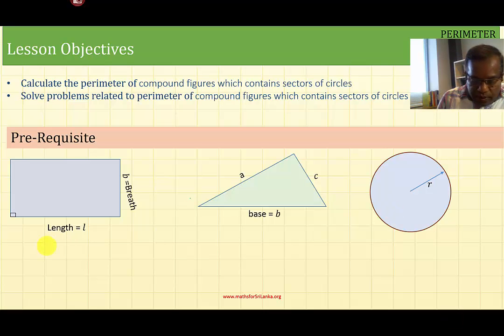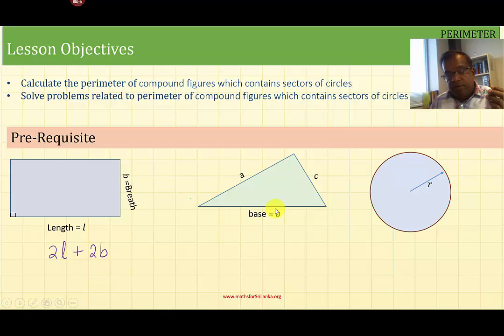So we know the perimeter of a rectangle of length L and breadth B is given by 2L plus 2B, because the perimeter means the length around the figure. So we have two sides of length L and two sides of breadth B. That's what we get, 2L plus 2B.